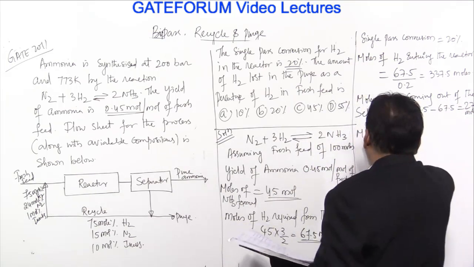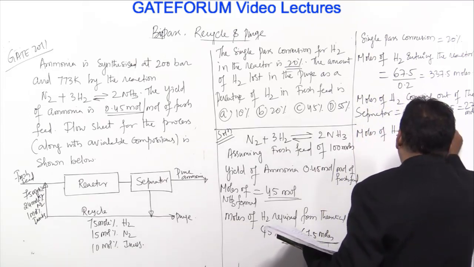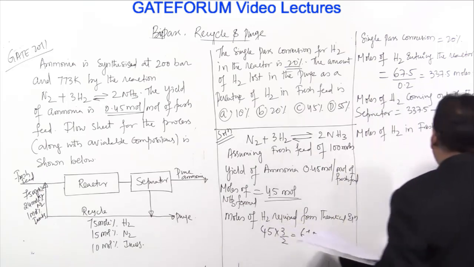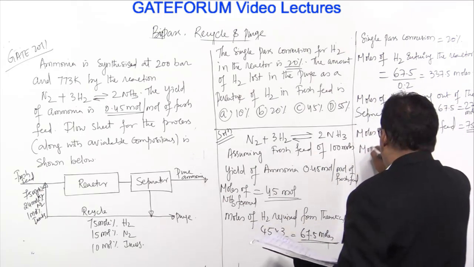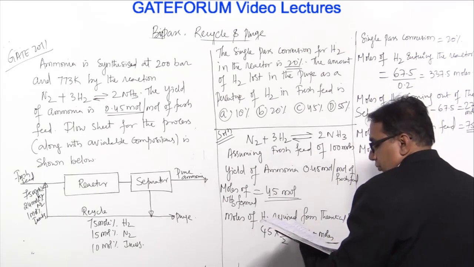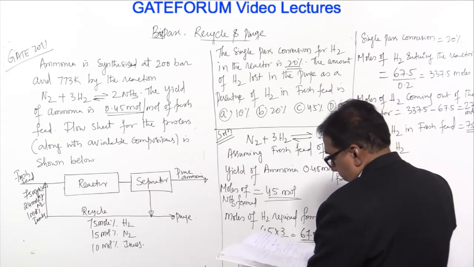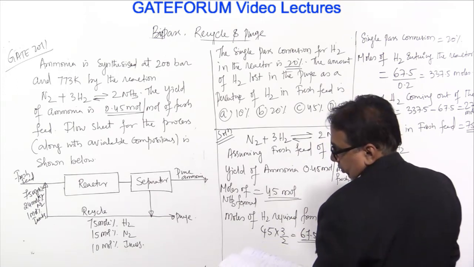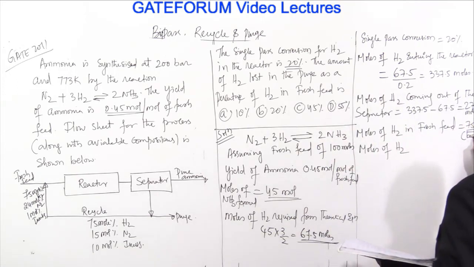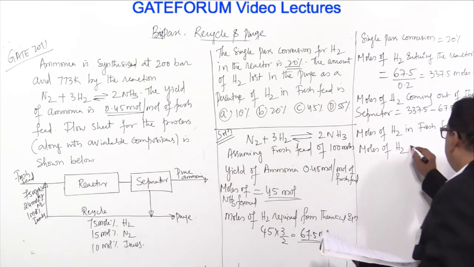Moles of H2 in fresh feed is 75, this is the basis.